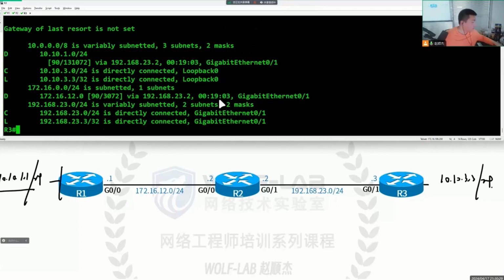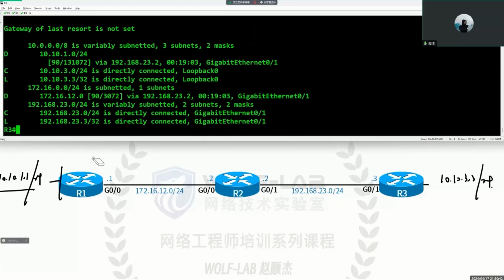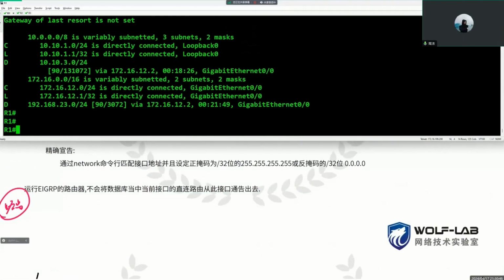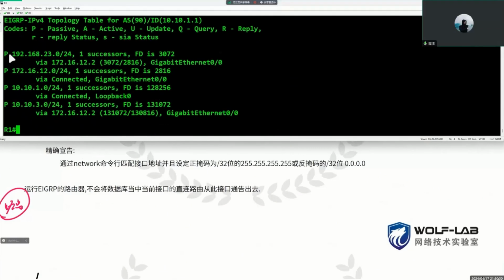Let's complete our task: announce our route entries and activate our interfaces. Once the neighbors are established, they can automatically complete the exchange of database entries. When all the routers in our network have announced all their interfaces and participated in the operation of EIGRP, then immediately all routers will have all the route entries in the network.